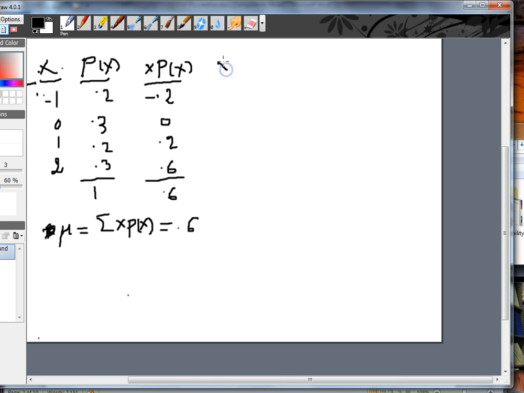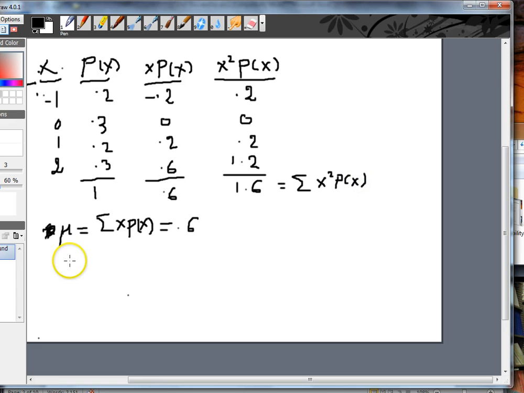To do the variance, I need x squared times p of x, which I'll do here. -1 squared is 1 times 0.2 is 0.2, 0 squared times 0.3 is 0, 1 squared times 0.2 is 0.2, 2 squared is 4 times 0.3 is 1.2, so the total is 1.6, and this quantity is the sum of x squared times p of x.